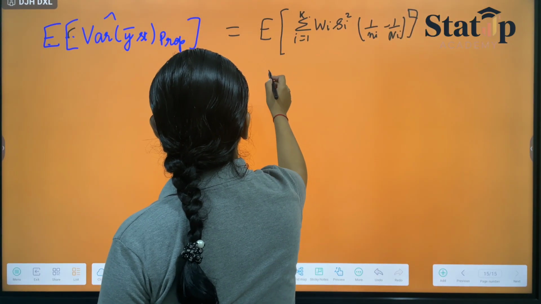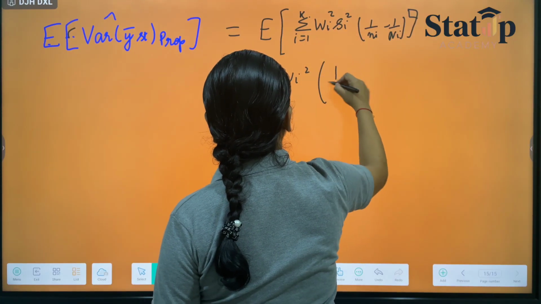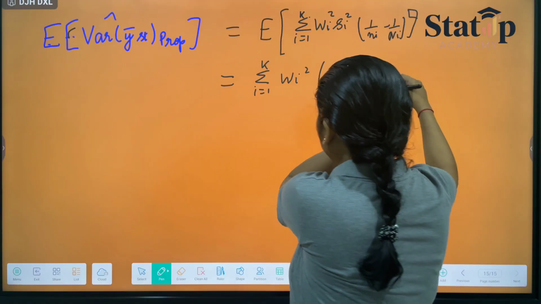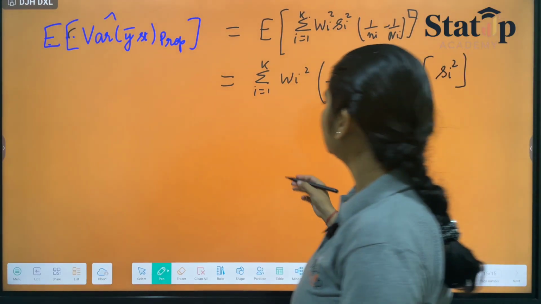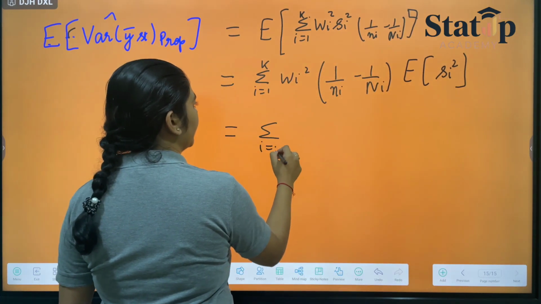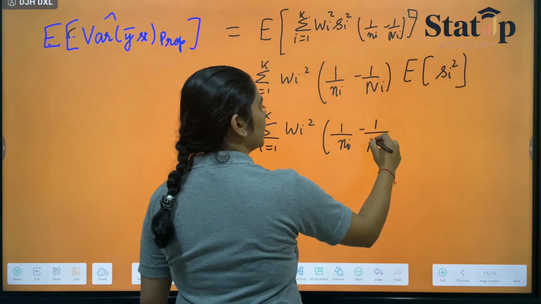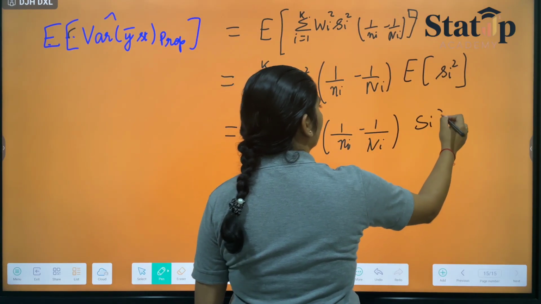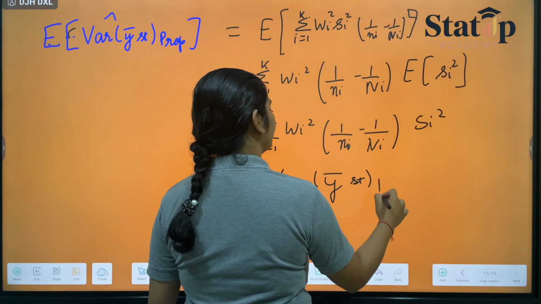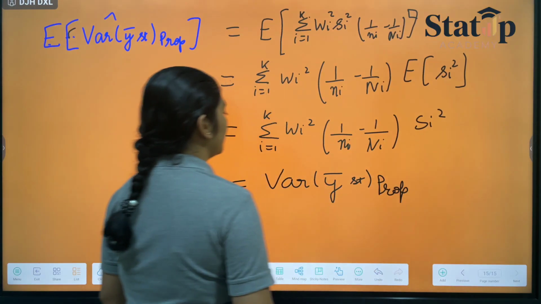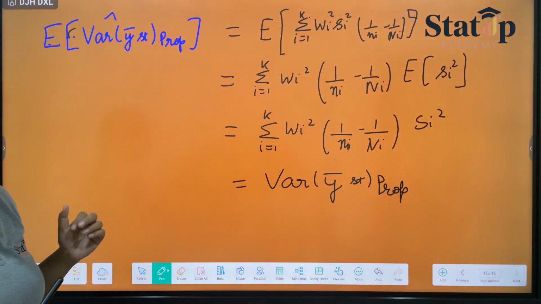This will be nothing but summation i goes from 1 to k wi square (1 upon small ni minus 1 upon capital Ni) estimation of small si square, and this will again be summation i goes from 1 to k wi square (1 upon small ni minus 1 upon capital Ni) si square, which is nothing but variance of y bar st of proportional allocation only, and hence it is the unbiased estimator of variance of y bar st proportional allocation.